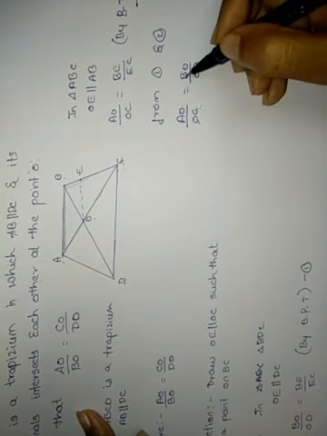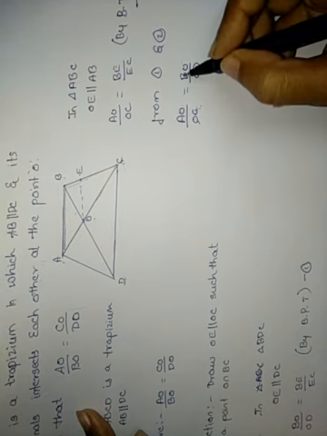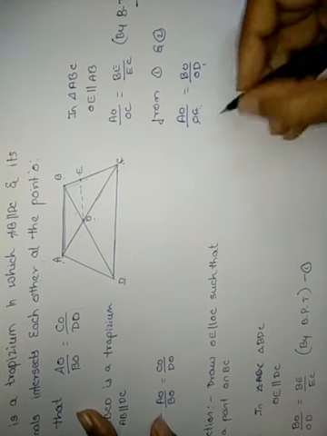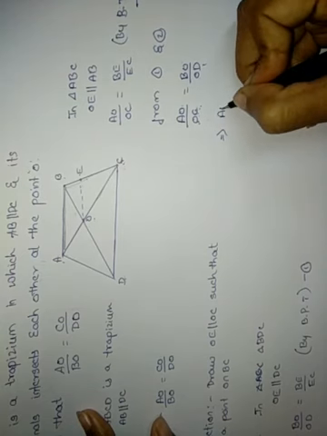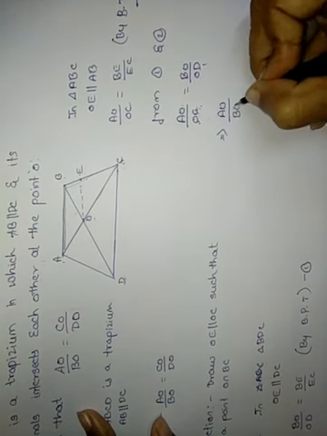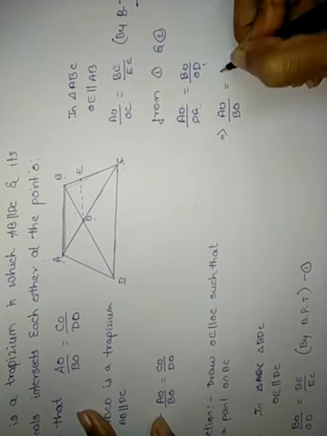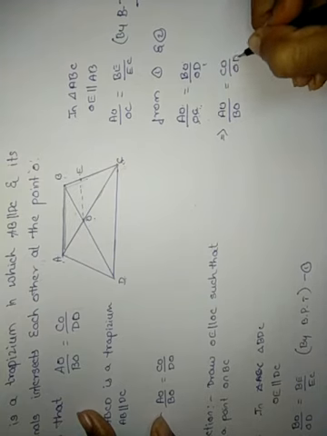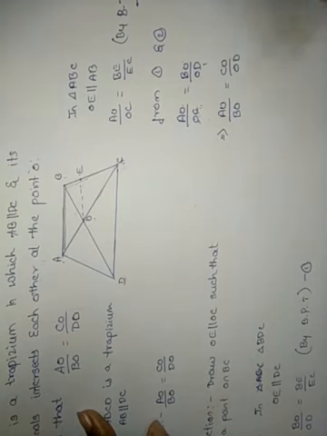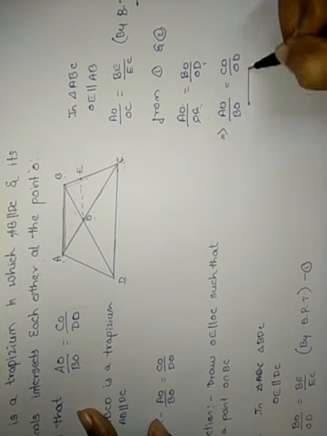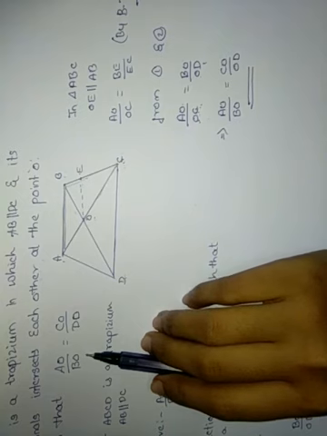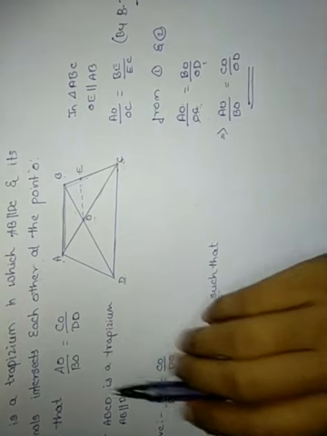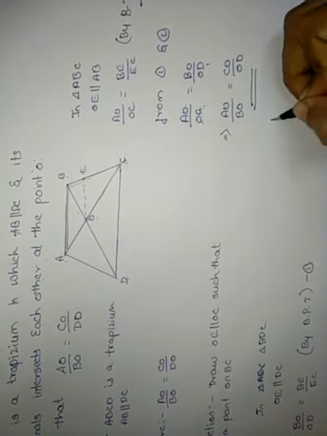So I will cross multiply these two values, or this can be written as AO divided by BO is equal to CO divided by DO, right? We can match the obtained relation and the relation we had to prove. Both are the same here. So we'll write hence proved.